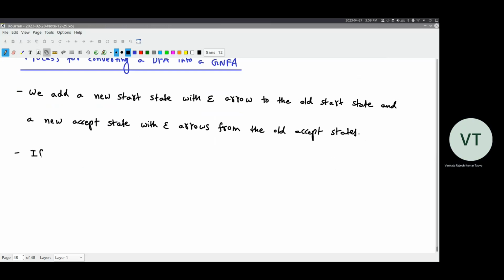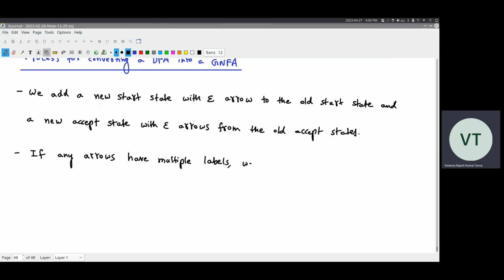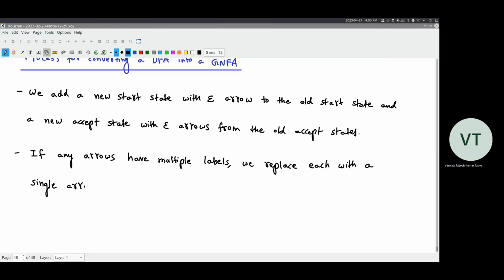And second, if any arrows have multiple labels, we replace each with a single arrow whose label is, can you fill in the remaining?